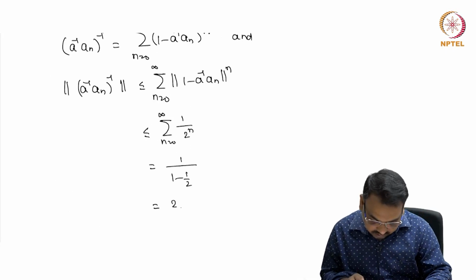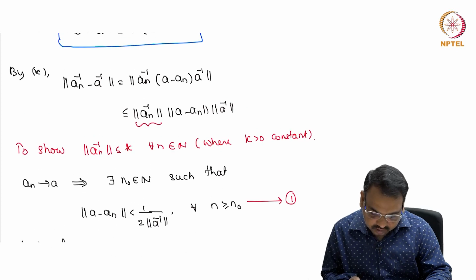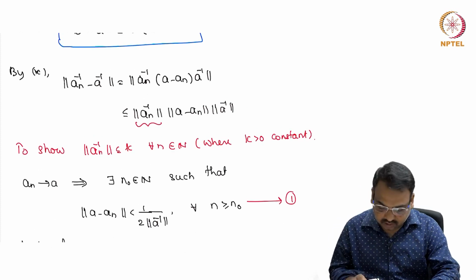Okay, so our idea is that we want to show that norm A_n inverse is bounded by some constant.